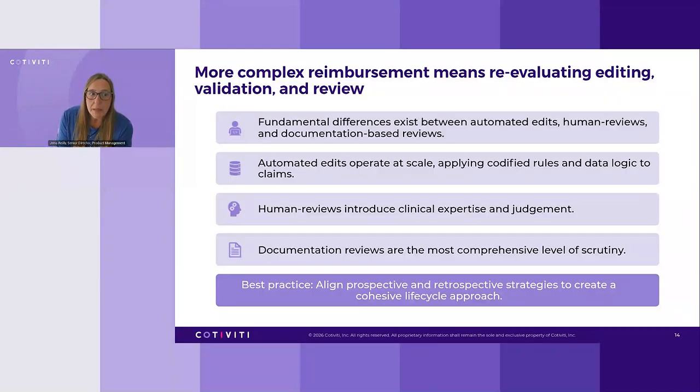The automated edits are going to operate at scale, applying codified rules and data logic to the claims data. These edits are really ideal for clear-cut scenarios such as eligibility validation, coding mismatches, duplicate detection, and even policy-based denials, offering speed and consistency as well as cost efficiency.